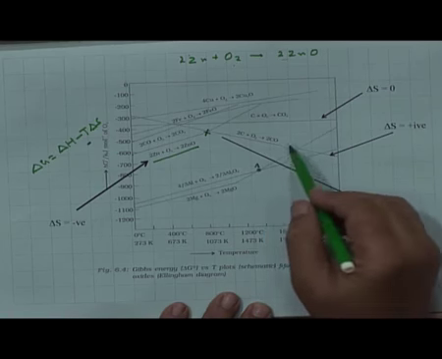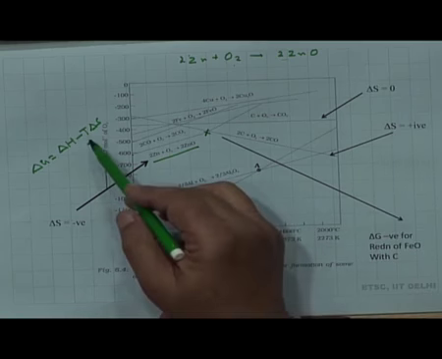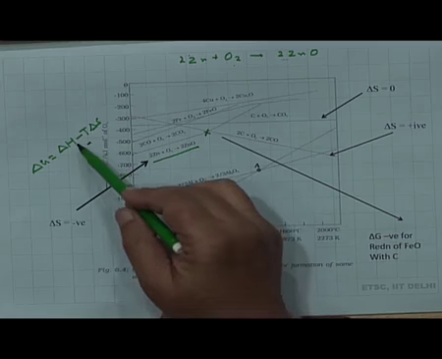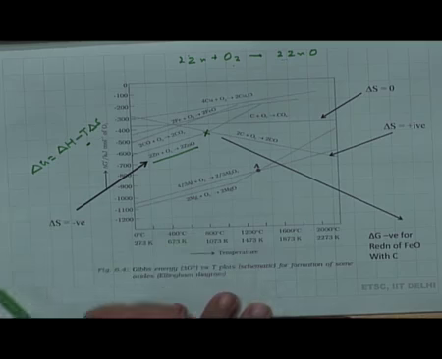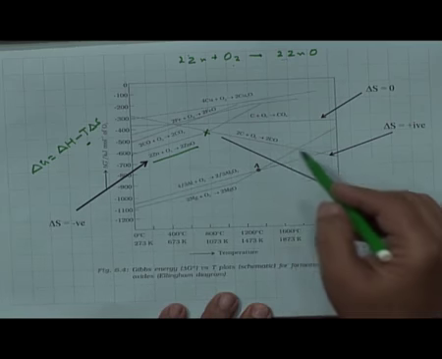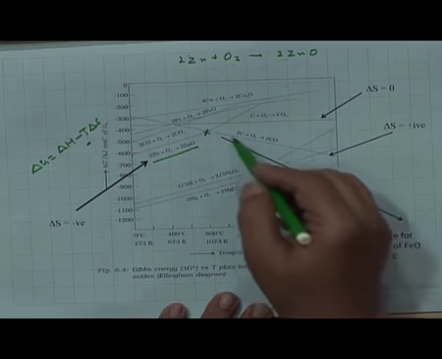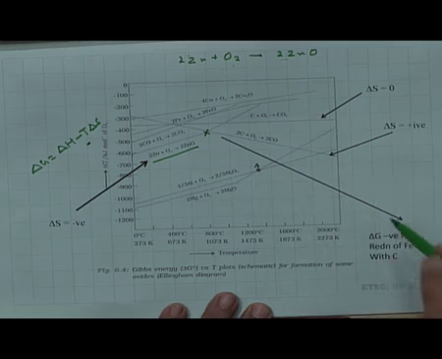So, randomness is increasing and delta S is positive. In this equation, if delta S is positive, then this factor becomes negative and delta H is exothermic. This is an exothermic reaction, so delta H is negative. The combined effect of the two, as the temperature increases, delta G will become more and more negative.